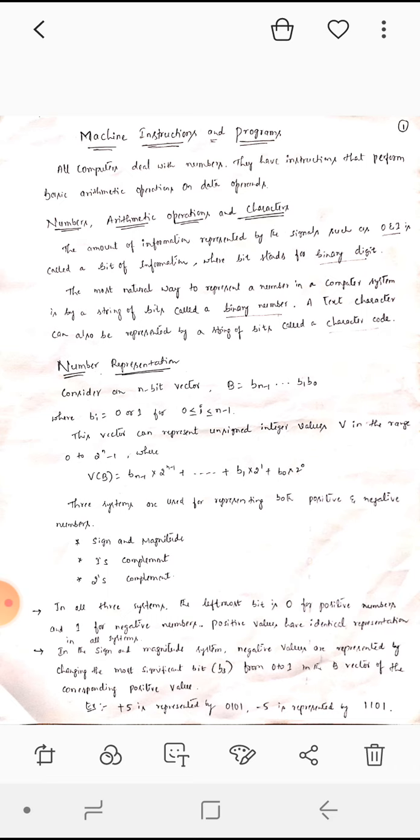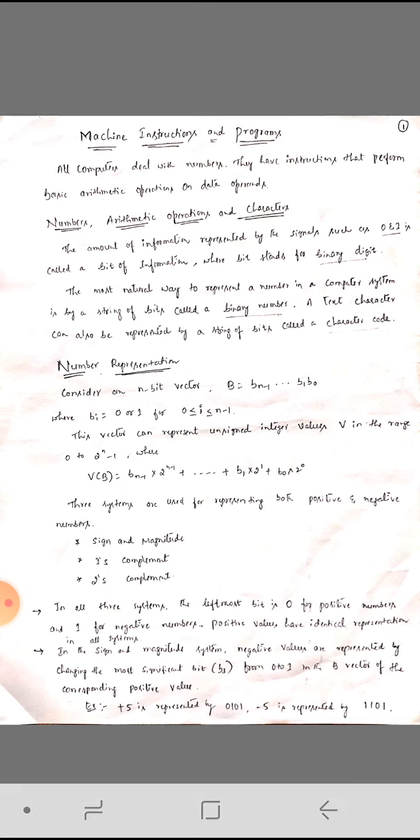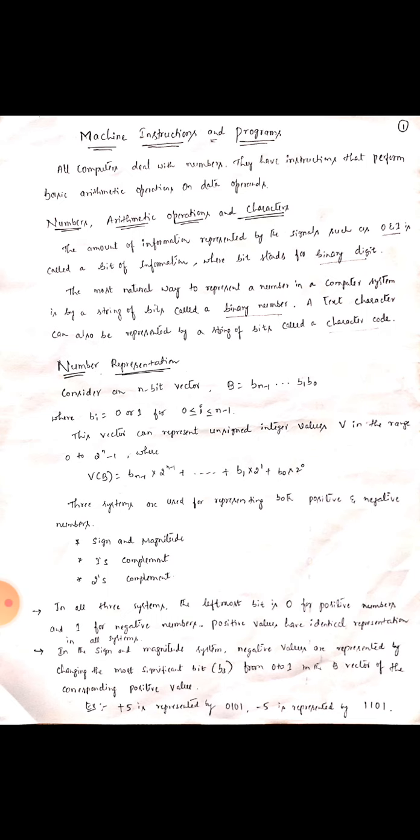Now we'll look into sign and magnitude. Sign and magnitude is the simplest way of representation, where by just changing the MSB, we can make the number negative from positive. For example, take plus 5. Since you have taken plus 5, the MSB will be 0, right? And 5 is represented as 1, 0, 1.